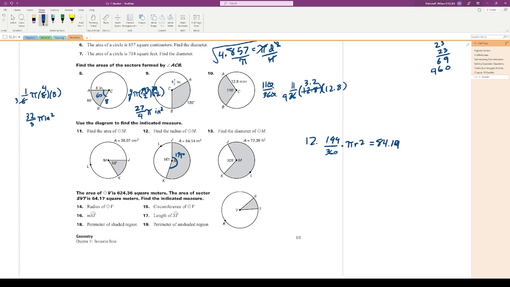So then we would be able to solve this for r. So we would do 84.14 times 360 over 199, and then we would also divide by pi, and then take the square root of the whole thing.